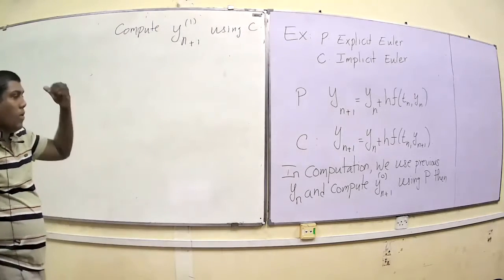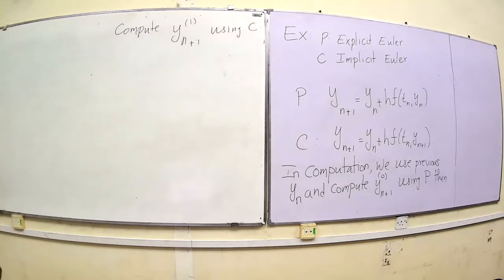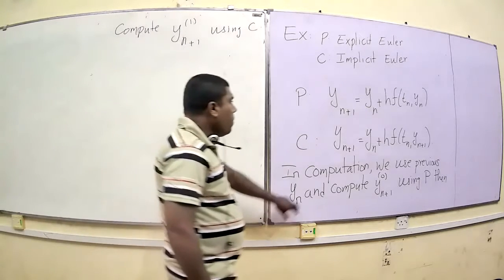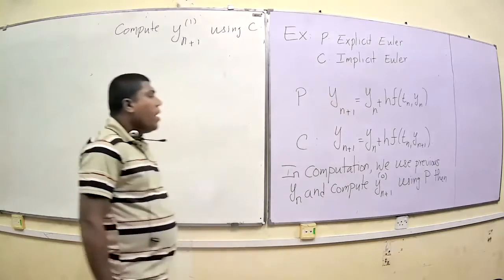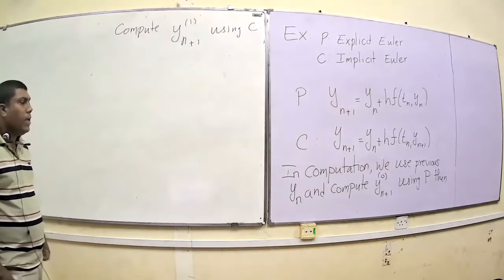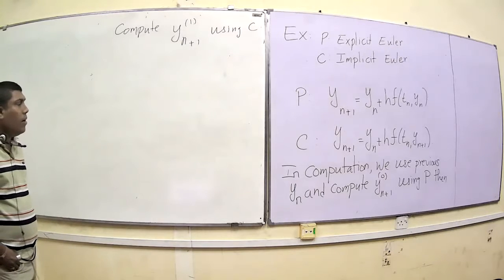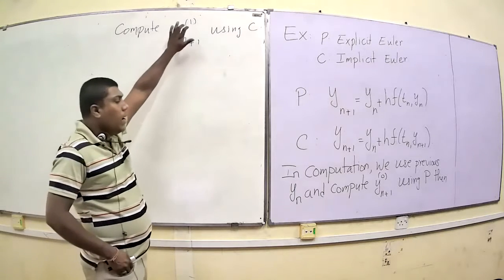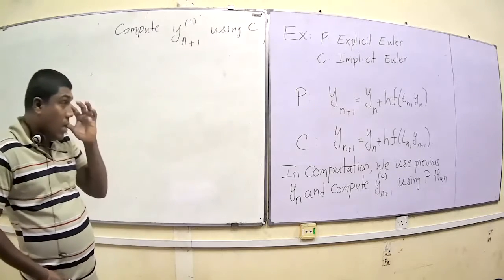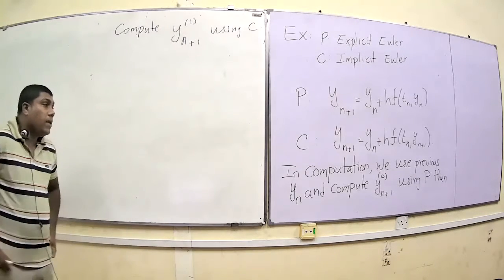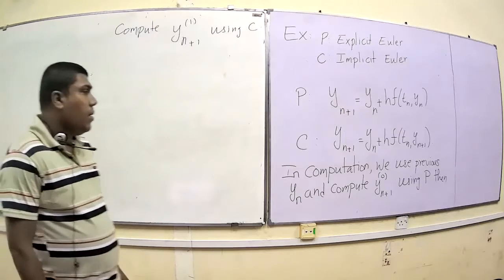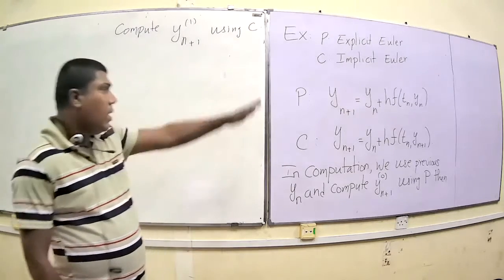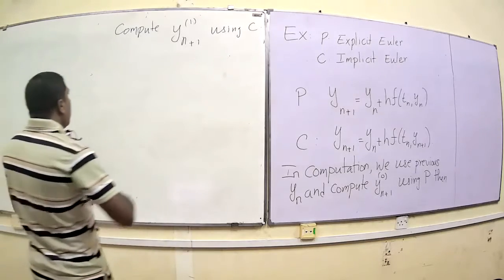So this is what we do. We take the previously computed value yn, and then we compute yn 0 using the predictor method, and then we compute yn plus 1 as the approximated value for y at tn plus 1 by using that corrector method.